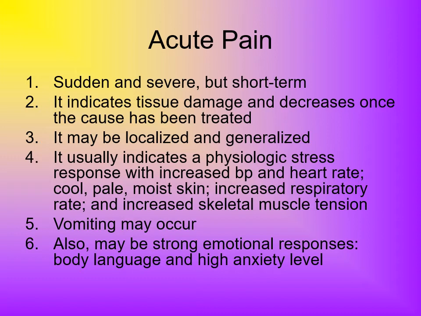It usually indicates a physiologic stress response with increased blood pressure and heart rate, cool, pale, moist skin, increased respiratory rate, and increased skeletal muscle tension. Vomiting may occur. There may also be strong emotional responses, body language, and a high anxiety level.